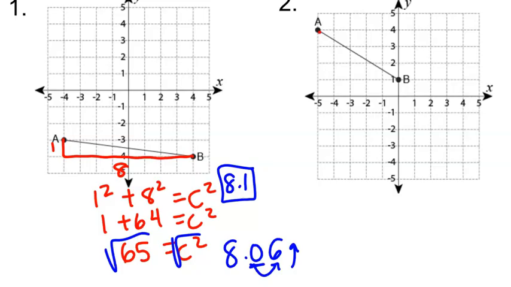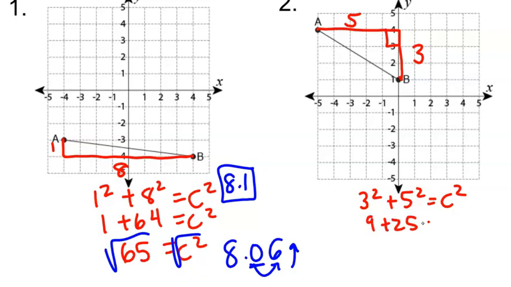Create a right triangle. You can either create the right triangle like this, or you can create a right triangle like this. Doesn't matter which way it's facing, as long as you have that 90-degree angle. So it looks like my horizontal distance is going to be 5, and my vertical distance is going to be 3. So that means I have 3 squared plus 5 squared equals c squared, or 9 plus 25 equals c squared.